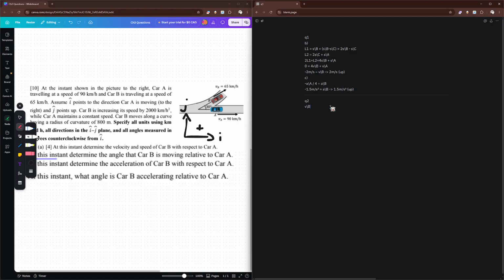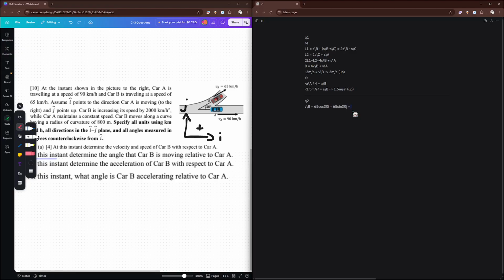So VB is equal to, it's I and J components. So 65, for I, it's going to be cosine 30 I, plus, for J, it's going to be 65 sine 30 J, which is just sine 30 is a half.